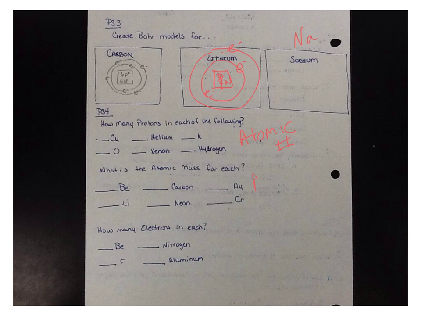That's also known as the atomic weight. And then the last one is how many electrons. That's the same thing as the protons. So the electrons equals the protons. So you're going to be, again, looking at the atomic number. And that's how you do that sheet.